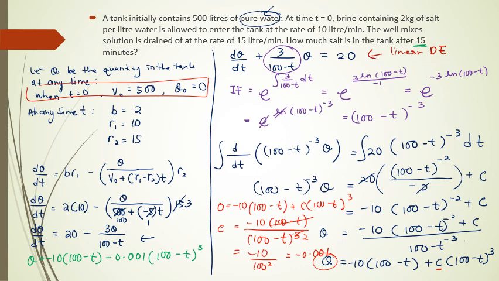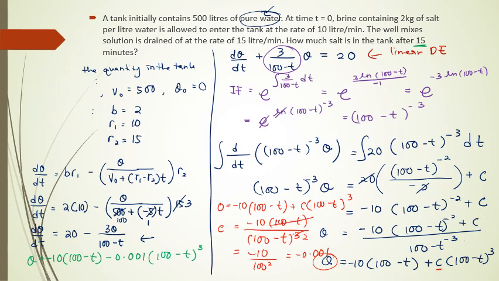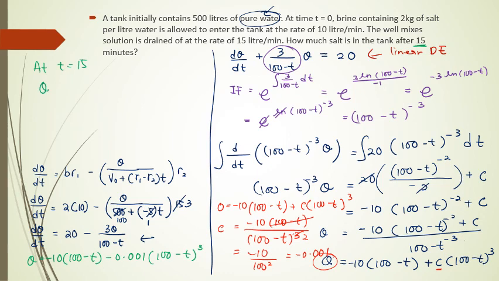Okay, t is equal to 15. So what is Q? At t equal to 15, Q is equal to negative 10 times 100 minus 15, minus 0.001 times 100 minus 15 to the power of 3.